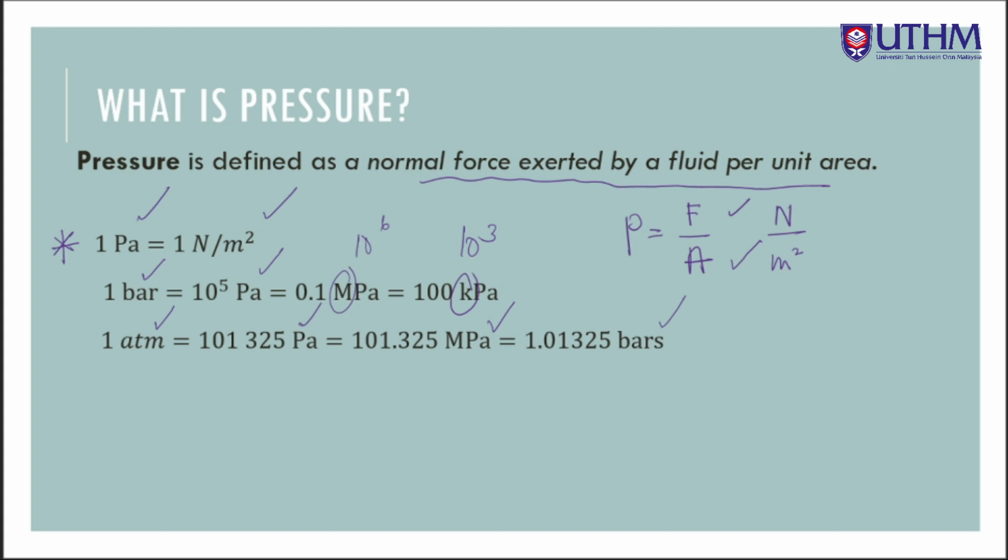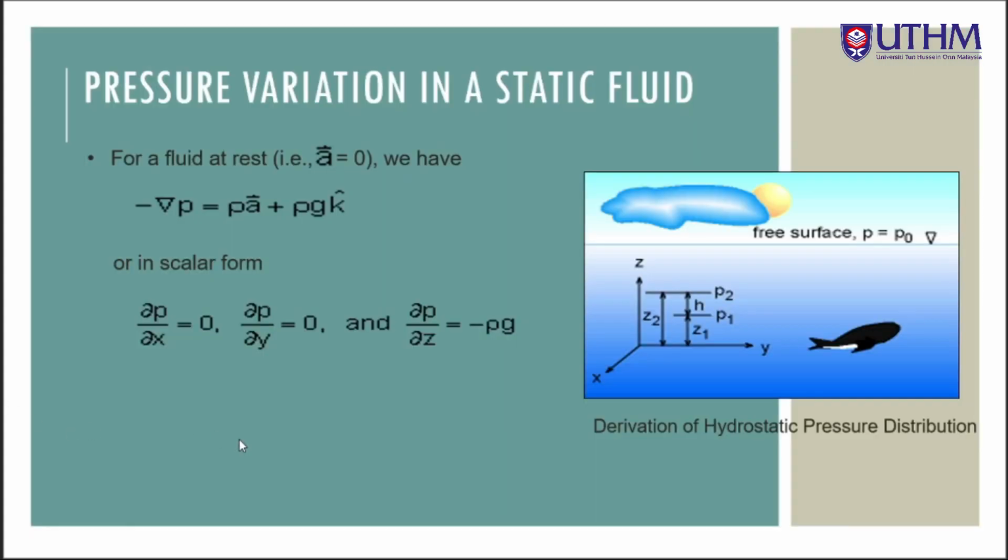Okay, so pressure variation in a static fluid. Bila kita kata fluid tu at rest, meaning acceleration dia equals 0. Thus the pressure gradient depends on the acceleration term, if let's say the fluid is accelerating or moving, plus rho g k.